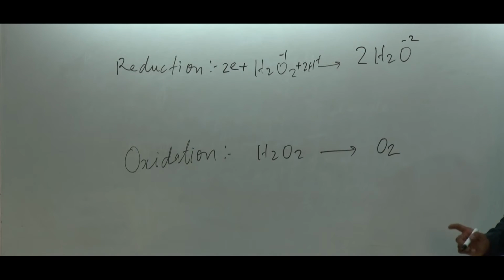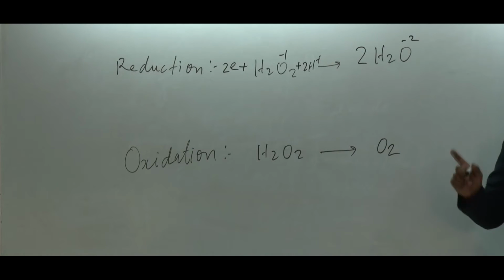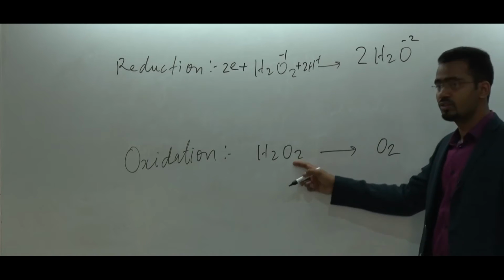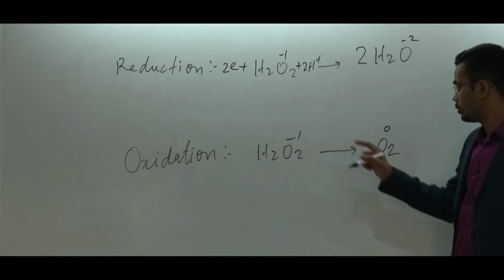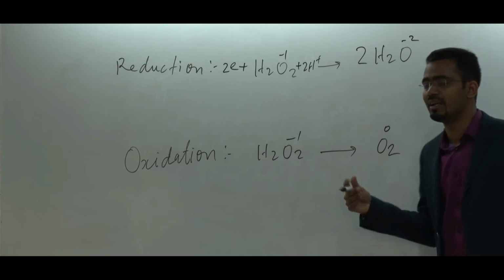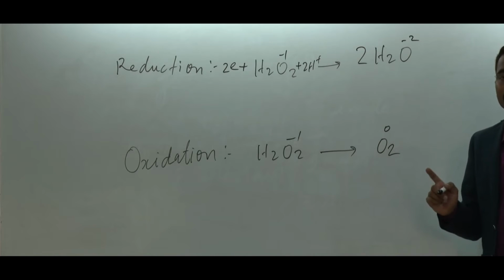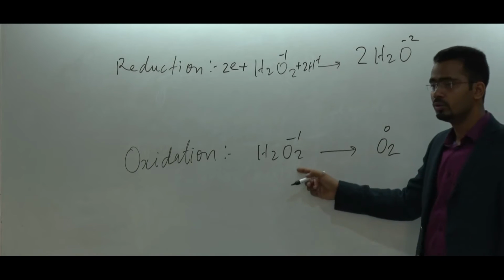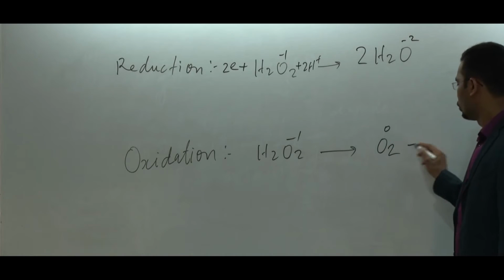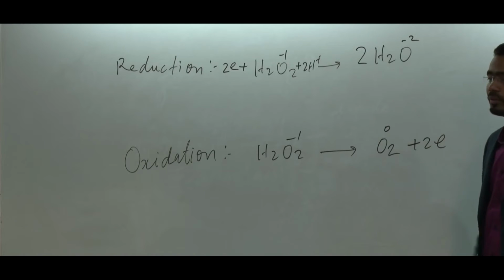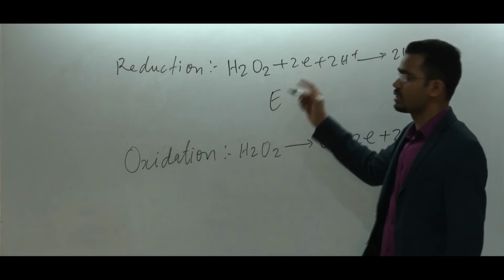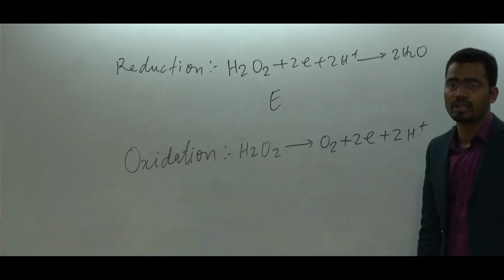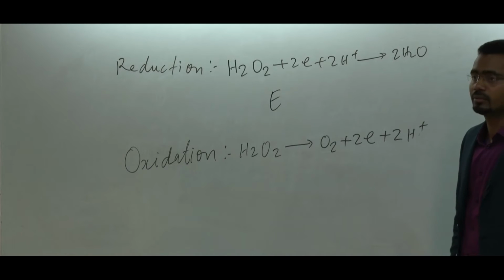So first balance that atom which is undergoing a change of oxidation state. Oxygen has -1 here. So for -1 to 0, how many electrons are lost for 1 atom? 1. So for 2 atoms, 2 electrons lost. Now balance the hydrogen. How many hydrogen? 2. If you represent this cell, is this oxidation or reduction? That is the cathode. So how do you write?